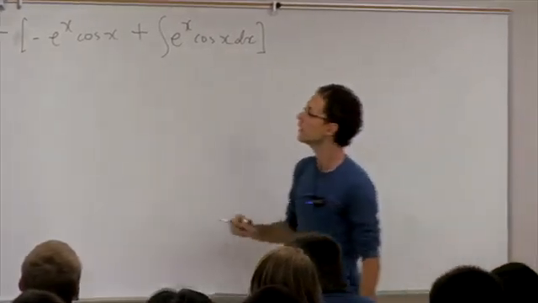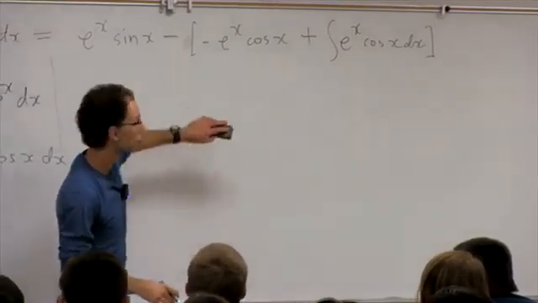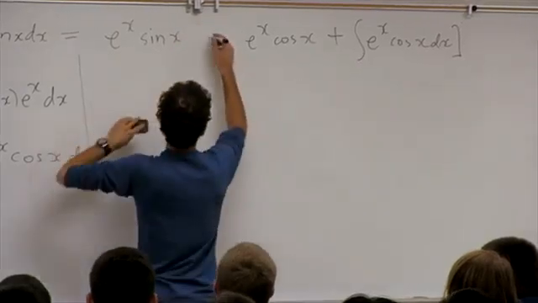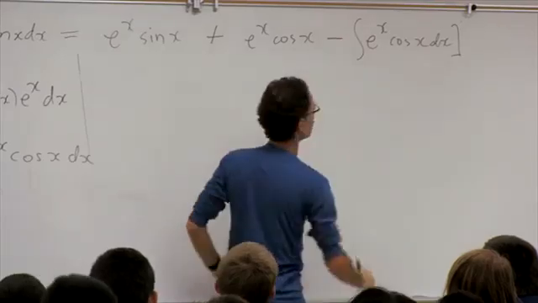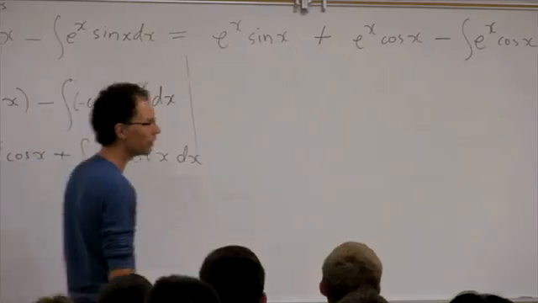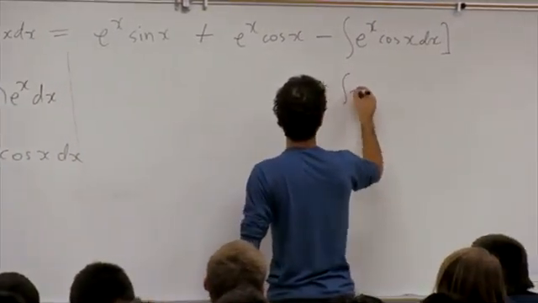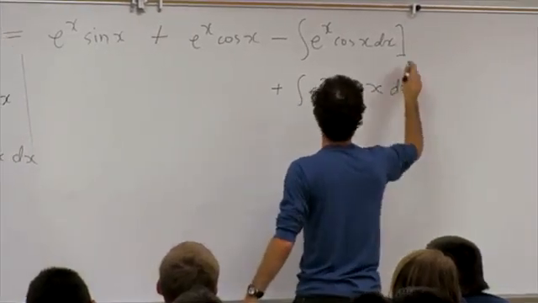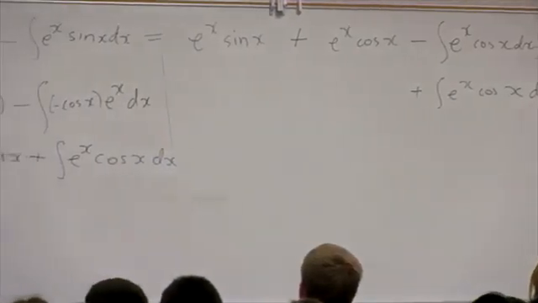Okay, so the idea was if you expand out this bracket, I'm just going to do it right here for you. These two signs will cancel. You're going to be left with a plus, and this will change to a minus. See, right? You have the same integral on the right and on the left. And so let's add that integral to both sides, and let's go all the way to the left-hand side.